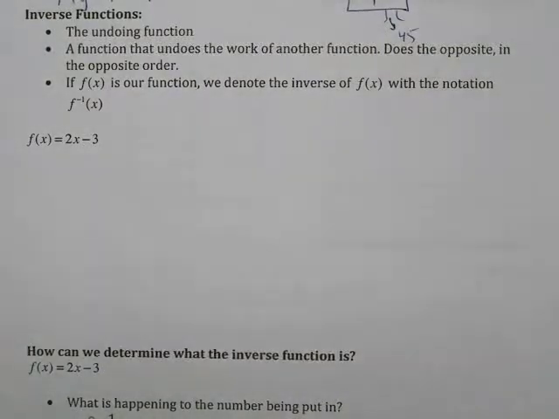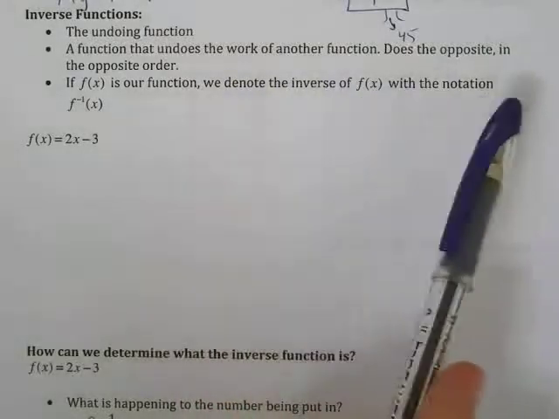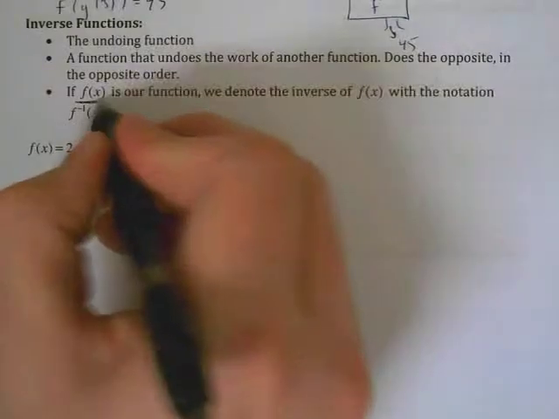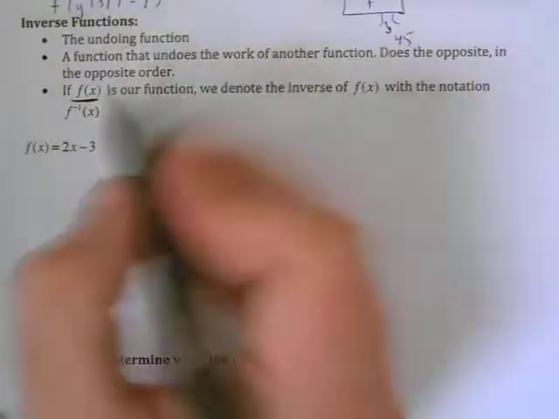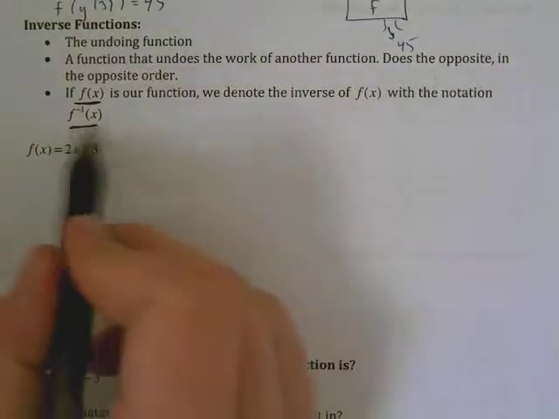It is a function that undoes the work of another function, doing the opposite in the opposite order. We write it like this: if you have some function f of x, then its inverse is written as f raised to the negative 1 of x. This is read f inverse of x.